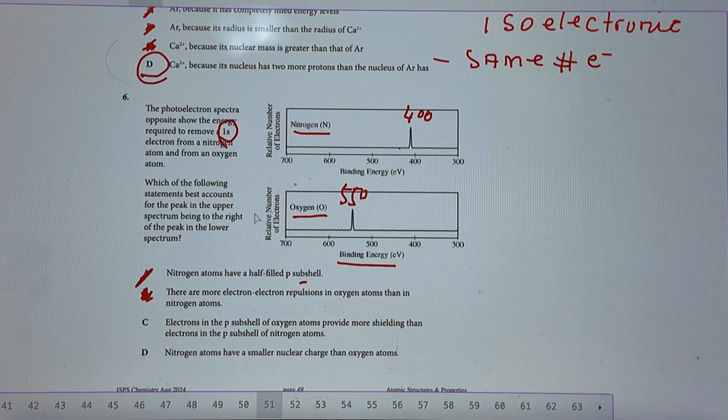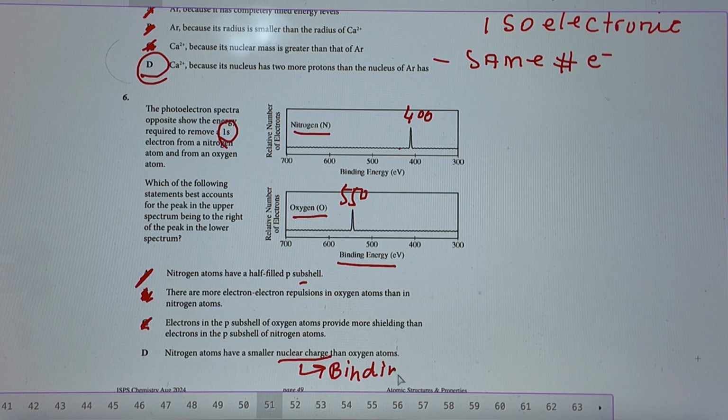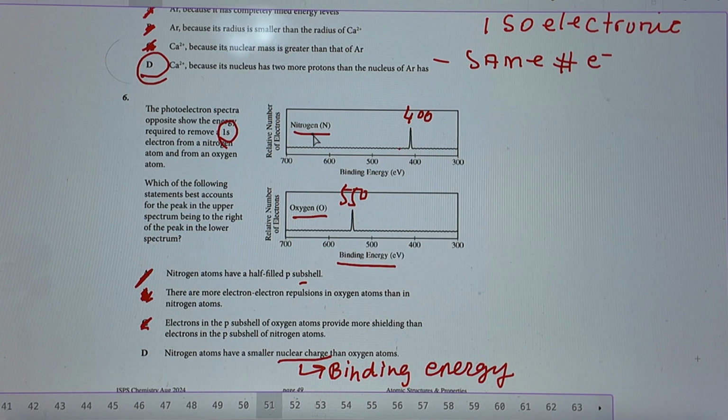And so that can't be the cause. And so lastly, nitrogen atoms have a smaller nuclear charge. Remember, nuclear charge has directly to do with the binding energy. And because nitrogen has a smaller nuclear charge, it thus has a smaller binding energy right here, as we see. And so it is D.